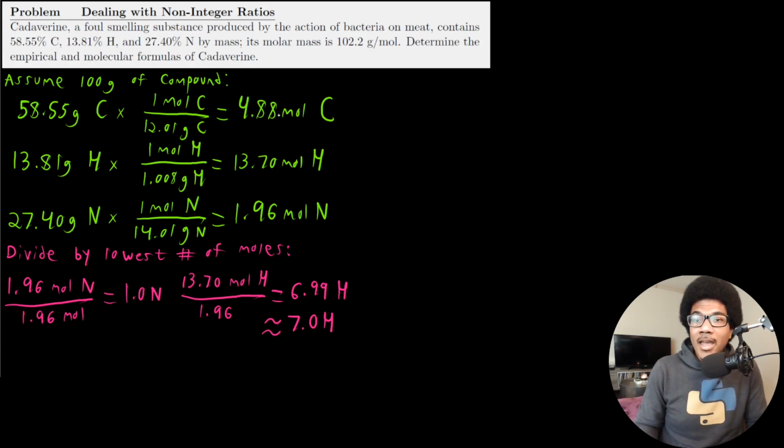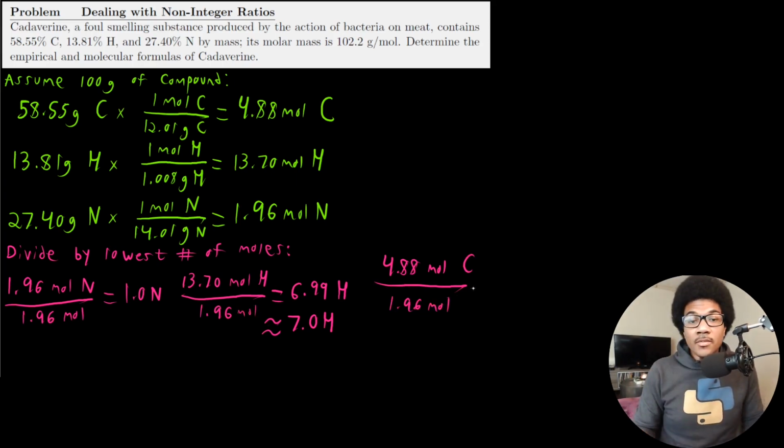Now let's look at carbon. Carbon is the last one we have here. So we got 4.88 moles of carbon. We're dividing by 1.96 moles. So when you divide here, you end up with 2.5 for carbon.